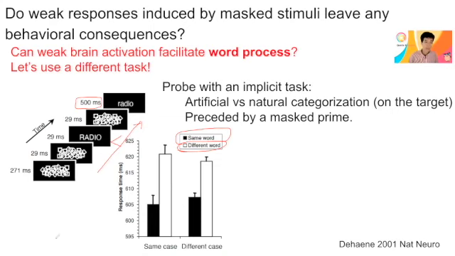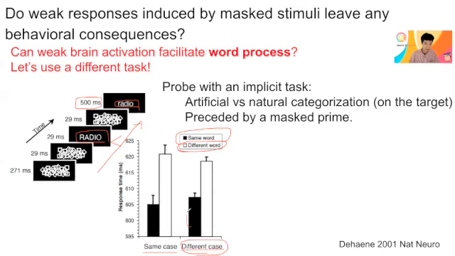The important thing is whether the identity of the prime word, like radio, and the target word was the same or different, okay? And then also the same or different case, upper or lower case. So here, this radio case would correspond to the different case and the same word.